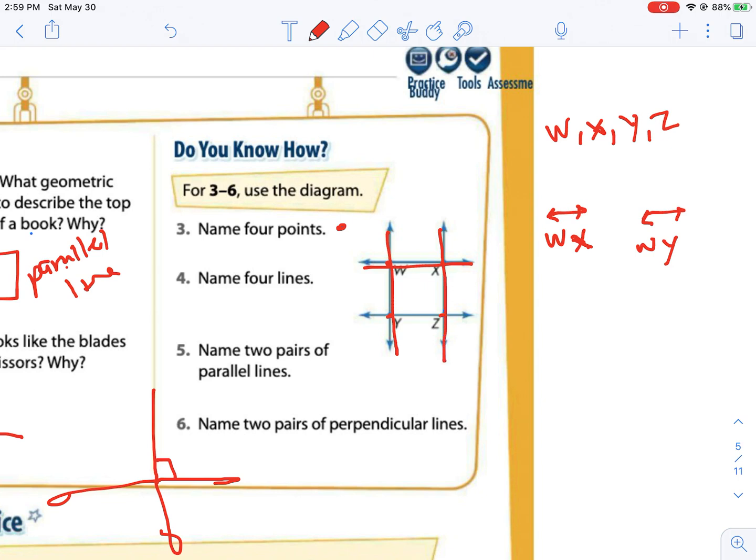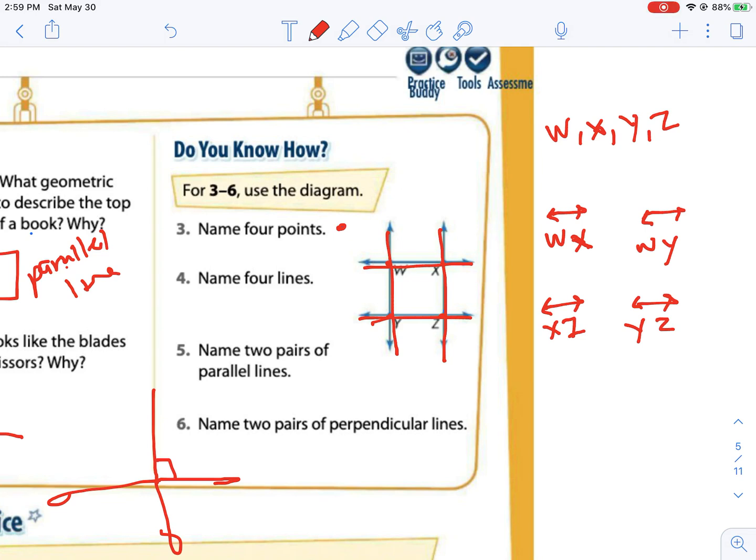And then if I look at this line right here, again write it with the little arrows on both sides, that would be line XZ. And then if I look over here, that would be line YZ. So we'd have all 4 lines written.